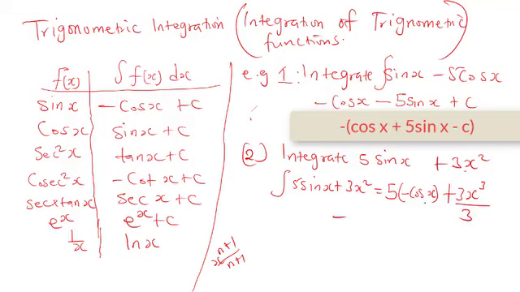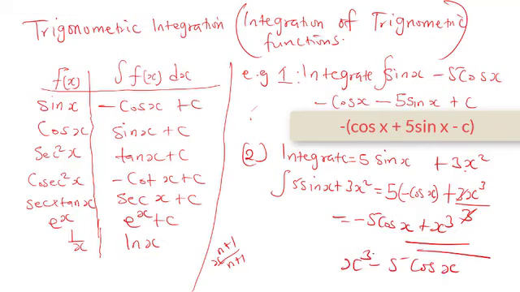Now our answer becomes minus 5 cos x, the 3 cancels 3, plus x cubed. So the integral of 5 sin x plus 3x squared is minus 5 cos x plus x cubed. You can still write it as x cubed minus 5 cos x. So this is the integral. That's how to apply the trigonometric functions when it comes to integration.